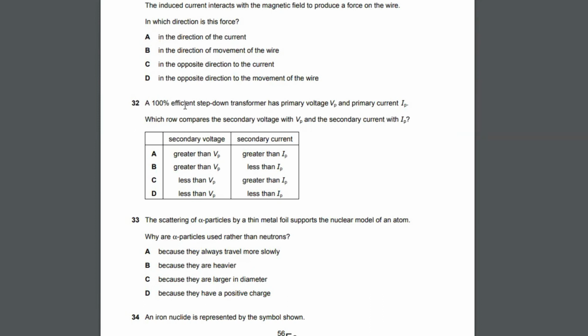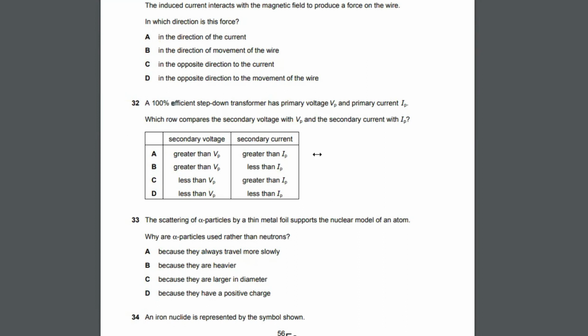Next, a 100% efficient step-down transformer has primary voltage VP and primary current IP. Which row compares the secondary voltage VS and the secondary current IS? So it is 100% efficient. That means there is no power loss.